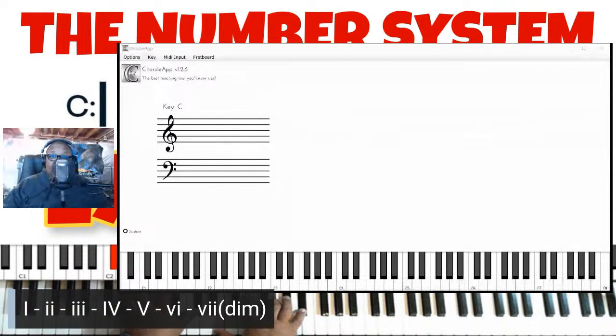Your 4 and your 5 are usually major, or could be diminished if you're playing more than 3 notes at a time. So your 1 4 5 is going to be C, F, G, C, going back to the 1. Got it? 1 4 5 1.